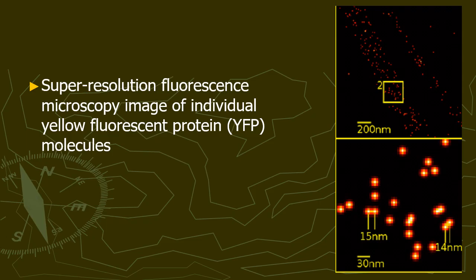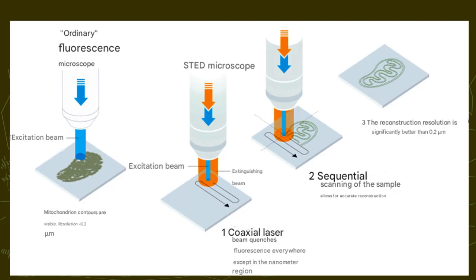Also, if we use a conventional fluorescent microscope, then we have a laser beam that causes all the cells of the object to glow. And in this case, we immediately observe the glow of all the cells that are in the excitation zone.